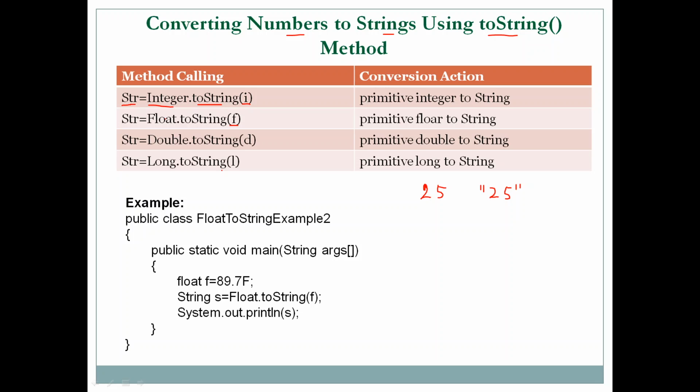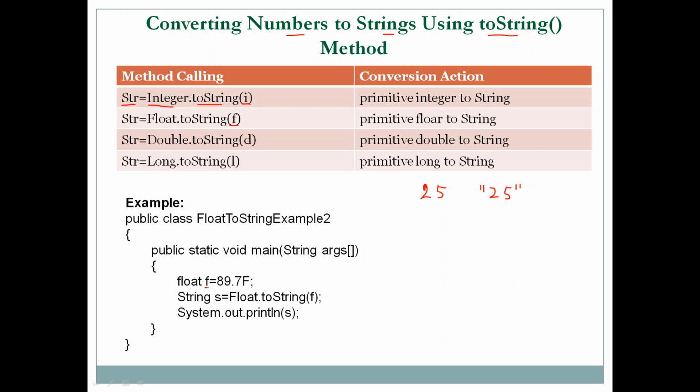Again, the toString method can also be used to convert numeric objects into string equivalent. So here we have converted primitive numbers to string object, but numeric objects can also be converted into string by using the toString method. Let us look at one example given here. You can see we have declared a variable, float f.